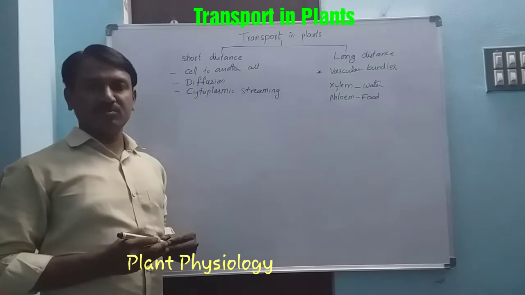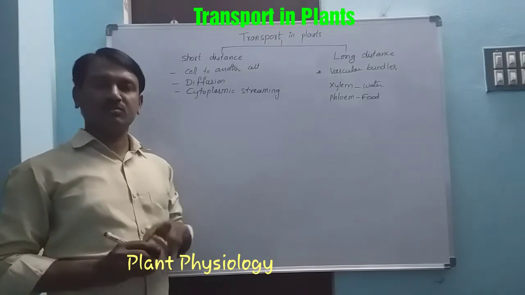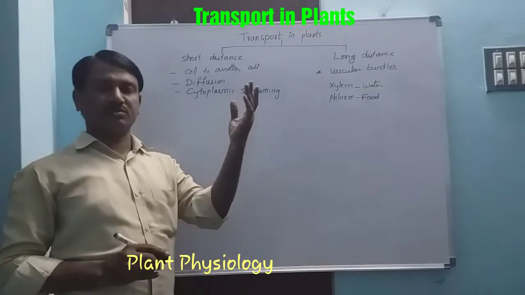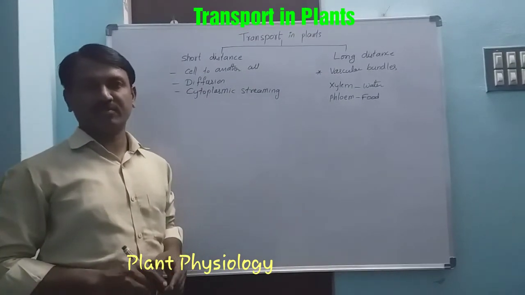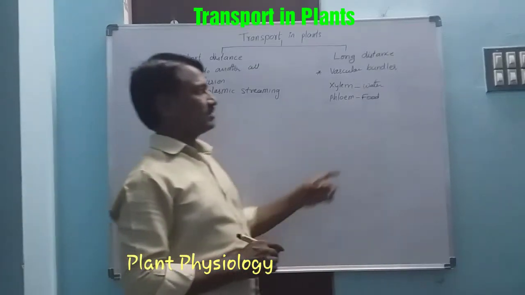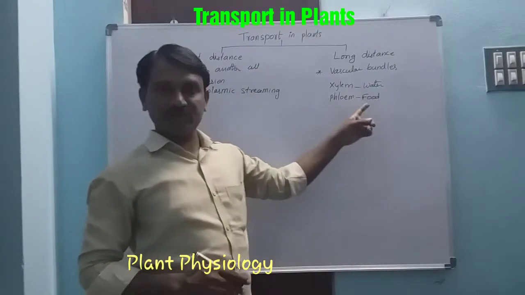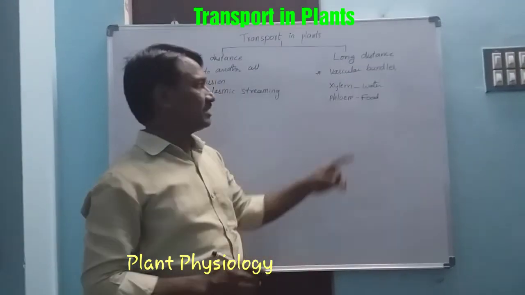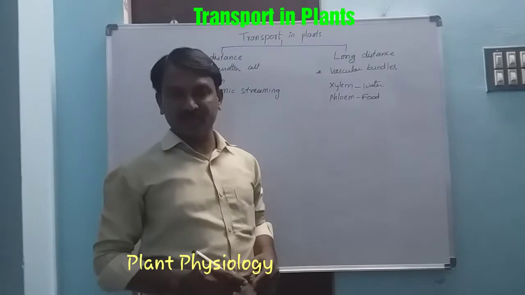Water always moves from soil to roots and branches and enters into leaves. Finally, it reaches the environment. So again, soil, root, stem, branch, leaf and environment. That is the transportation of molecules.